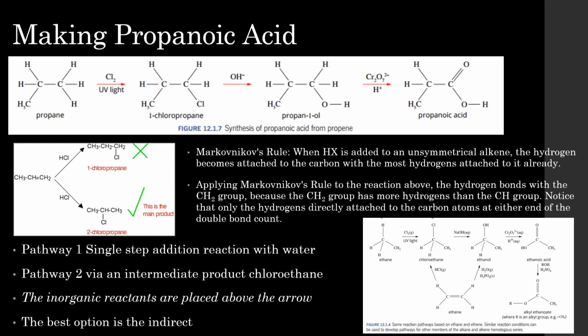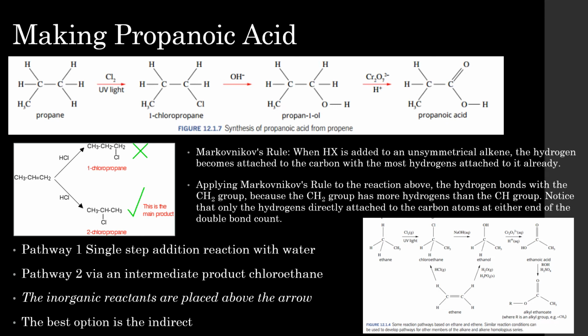If we have a look at making propanoic acid, we've got two different ways. We can do a single-step addition reaction with water, or we can do an intermediate product using chloroethane. Well, it'd actually be chloropropane, wouldn't it? So in this case, due to Markovnikov's rule, just remember that the rich get richer.